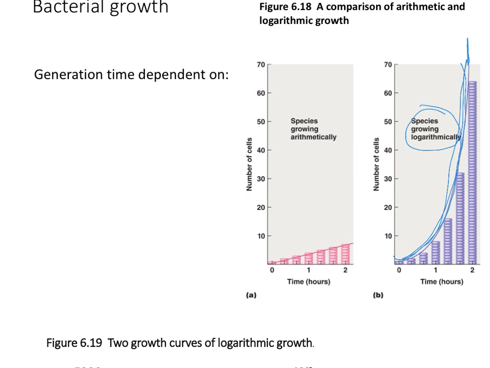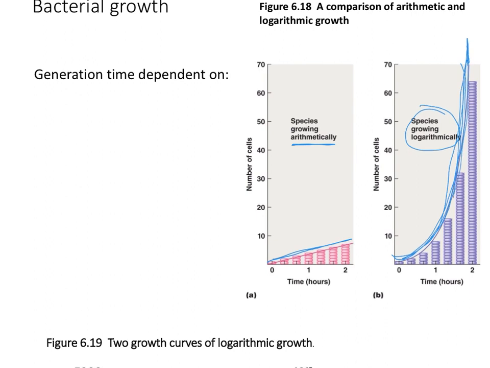That logarithmically or exponentially, if you compare that to a species that's growing arithmetically, that just means that a population is adding a certain amount over a time frame. So for example, every generation the population is gaining like 2 organisms, right? So if that was the way a population was growing, you would see very slow growth over time. Okay, nothing like how the numbers increase with logarithmic growth.